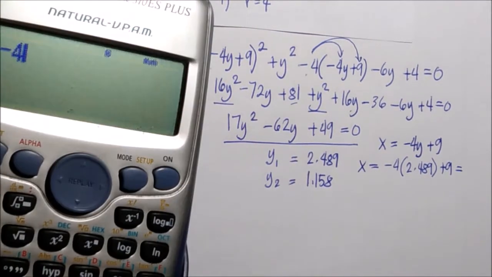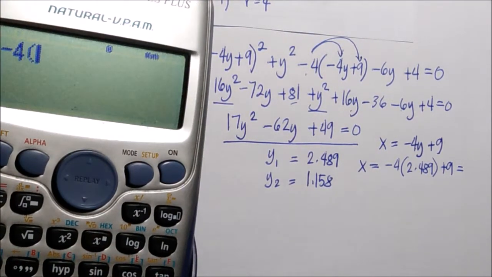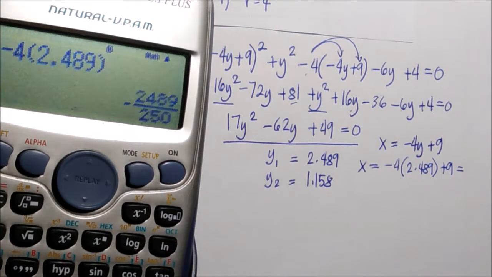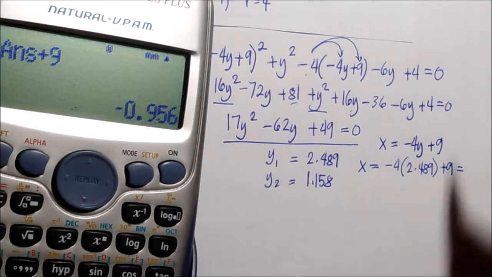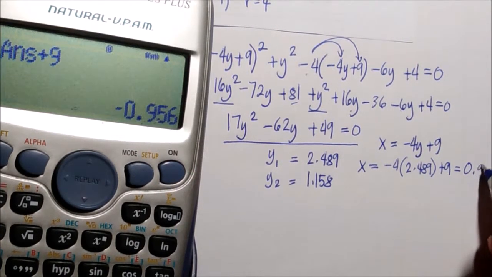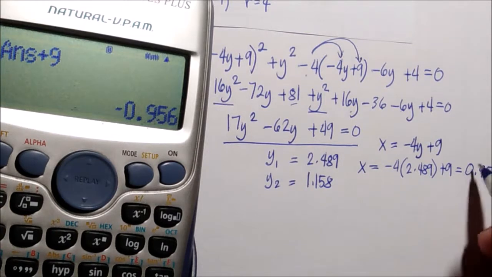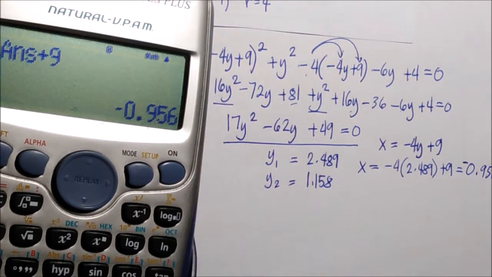Minus 4 times 2.489, okay, plus 9 is negative 0.956. Okay, negative.